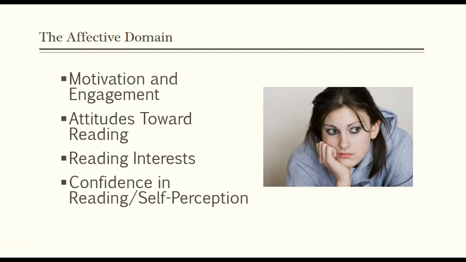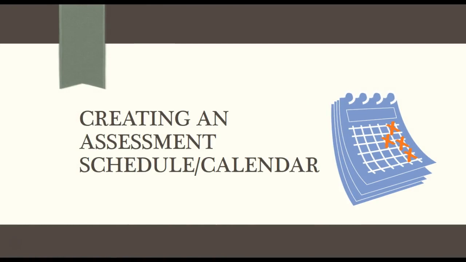So hopefully last week you were able to identify some different tools you can use to measure the affective domain, because that is what I would start with for your assessment session, really getting to know your student and their interests and how they feel about reading and writing.